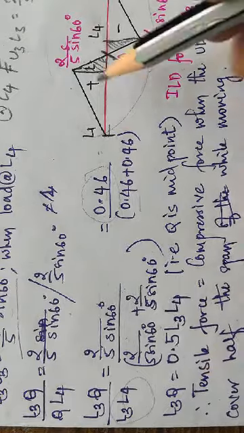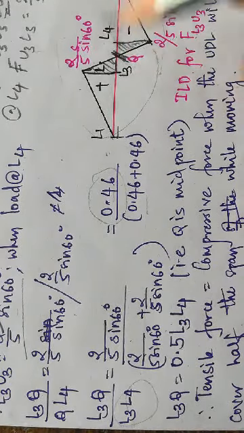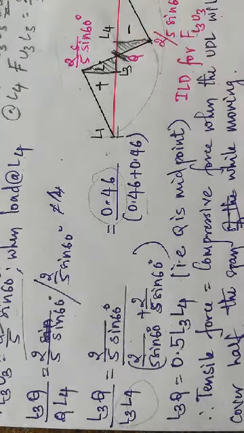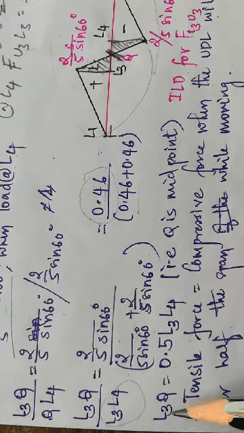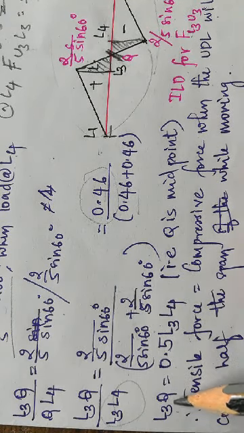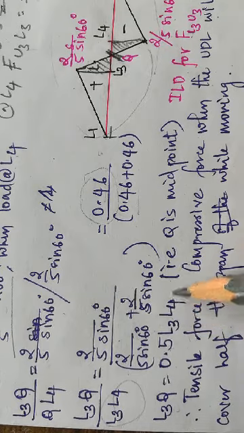The meaning of this is that Q is exactly at the midpoint of L3 L4. From that, L3 Q is equal to 0.5 times L3 L4.